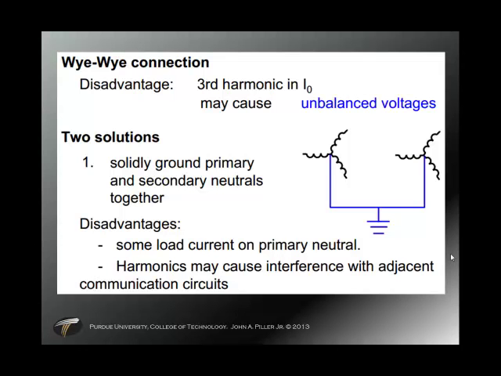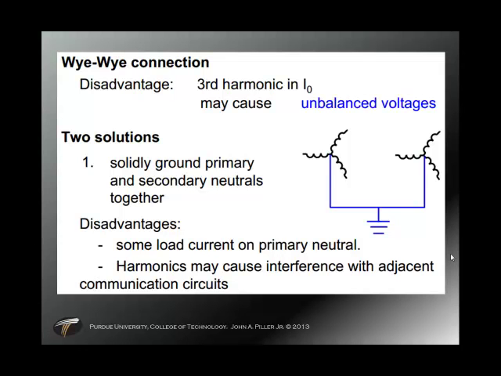And if you have a YY system, you do not have a barrier between your primary neutral and your secondary neutral. So anywhere where there are those harmonics, you're going to get that damage and possible damage on either side. You could solve it in two ways.